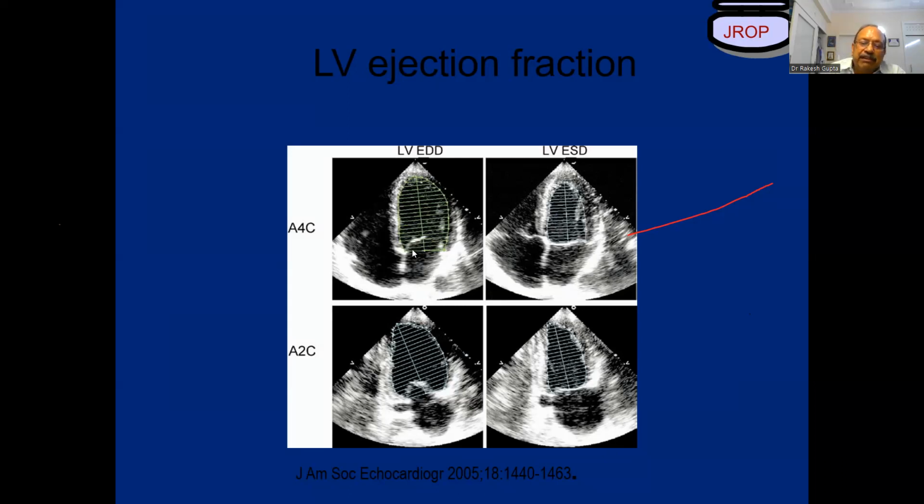Because every part of this ejection fraction is divided into discs. And then each disc volume is taken individually and then added up together to give you a modified Simpson's biplane ejection fraction. Many of you can ask me, why the 2 planes in ejection fractions? Why not 1? Look, we are cutting the LV cavity in 1 slice.